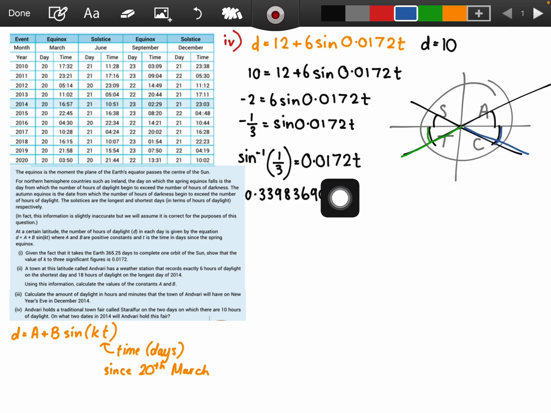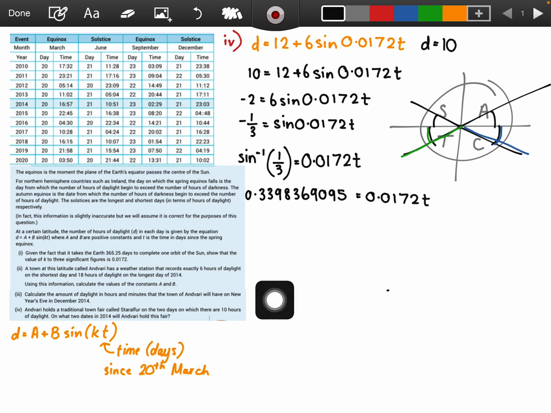Okay, so this here angle that I'm getting equal to 0.0172t. That's actually not the angle, because in this quadrant here, the sine of this number here would have given me back a positive third, whereas I need that to be in some quadrant where it'll give me back a minus a third.